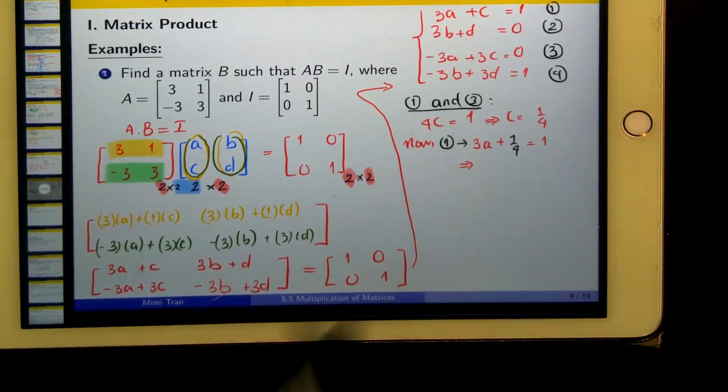Let me give you a happy ending: a equals 3/4. It has to be right: 3/4 plus 1/4 is 1. I got C. Now I have to solve for B and D.